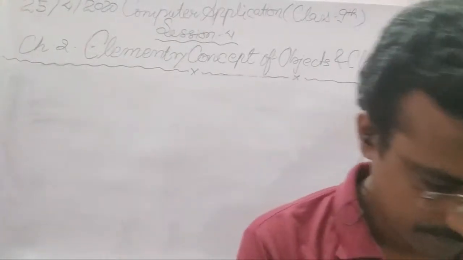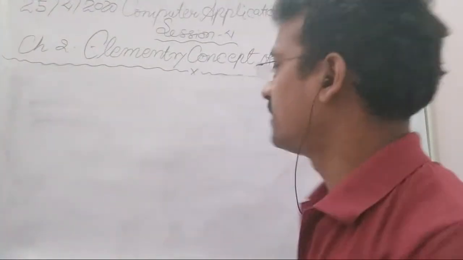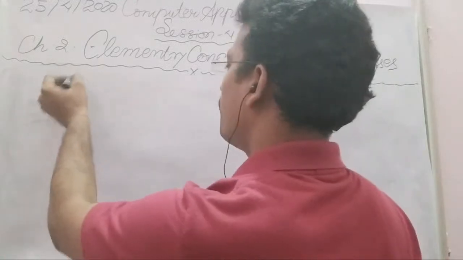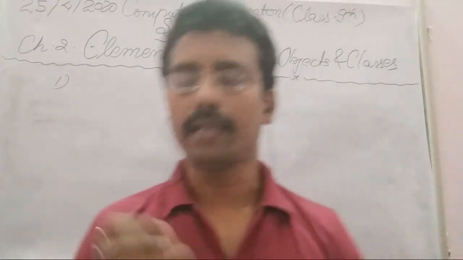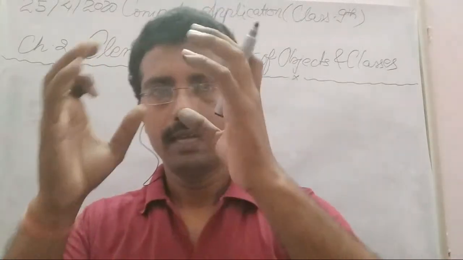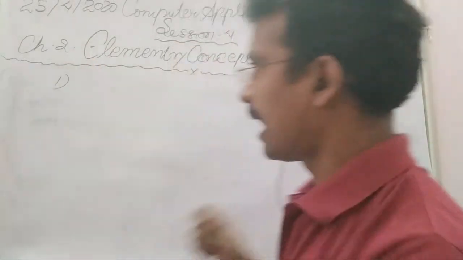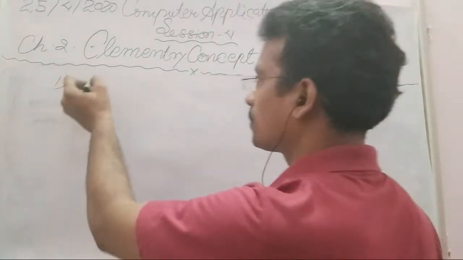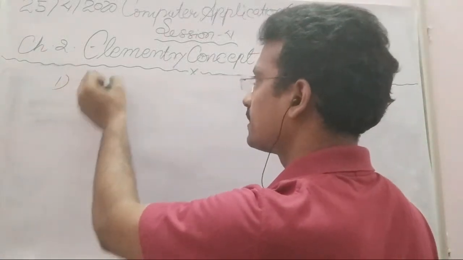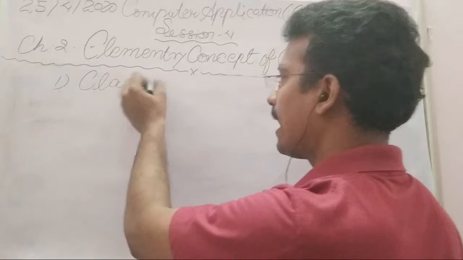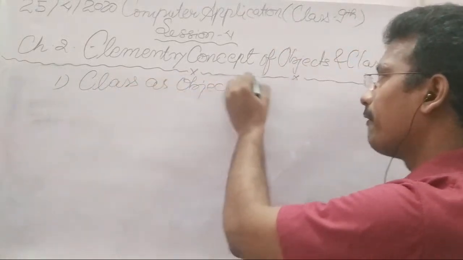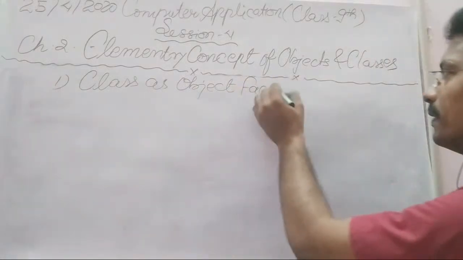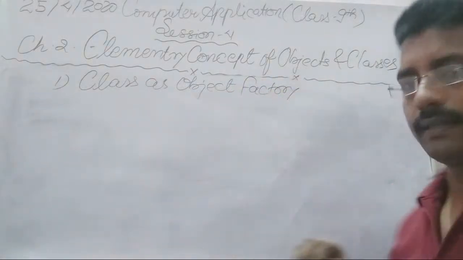Next, we have to cover some features. Already we have discussed some points in our first chapter, and I want to remind you of some features of the class: first, class as an object factory. Say yes.